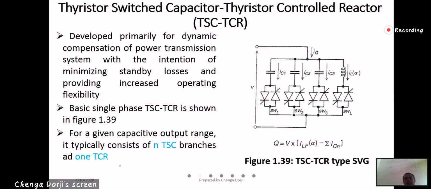So for a given capacitive output range, it typically consists of n TSC branches and one TCR. So this is your TSC, and this is your TCR. Okay, so that is what you will have.